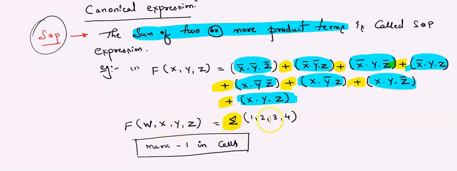They may ask you to draw the Kmap of this expression: the Boolean expression f of wxyz is equal to sum of 1, 2, 3, 4. At that time, the logic is that you have to mark 1 in the cells. For SOP, remember this very important logic: you have to mark 1 in cells. You should not forget this.